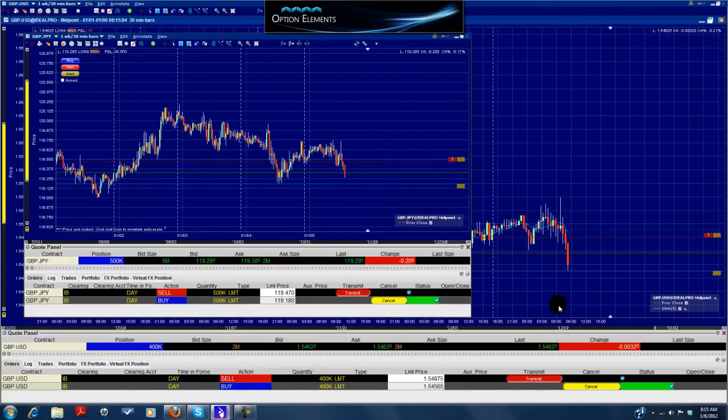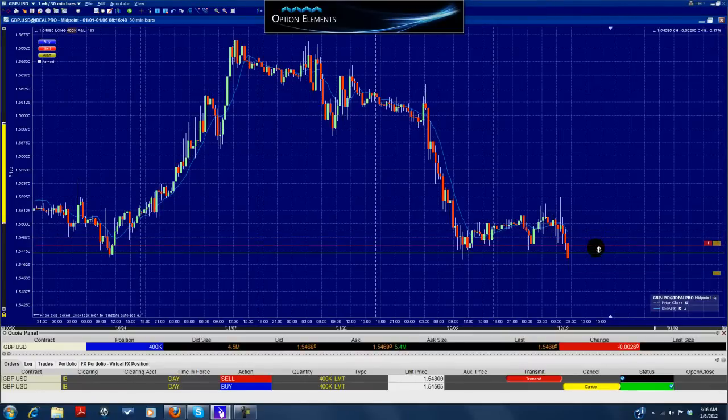Well, we're getting close. Thought we were going to get tagged there for just a second, but we didn't. Alright, here's what we're going to do on our British pound. We're going to move this down here. This thing will retrace back. We'll cover these longs right here and then go in here and try to buy them again lower.